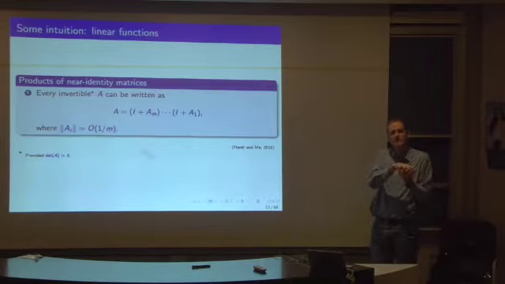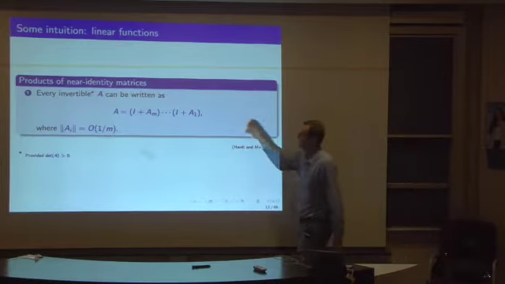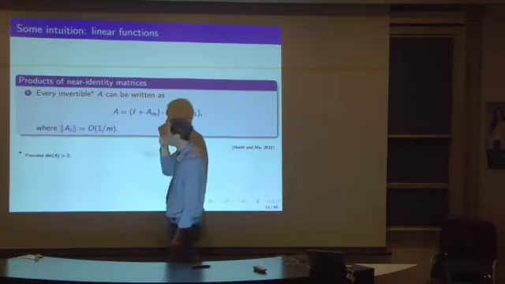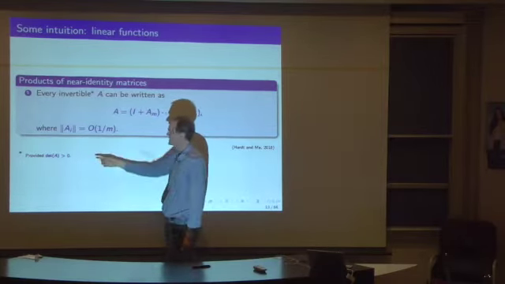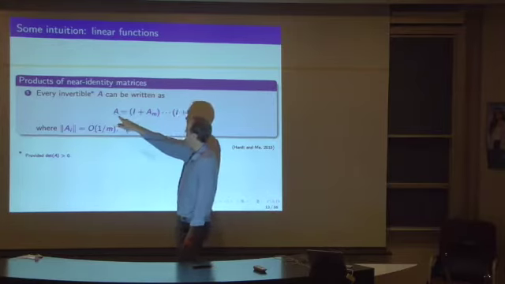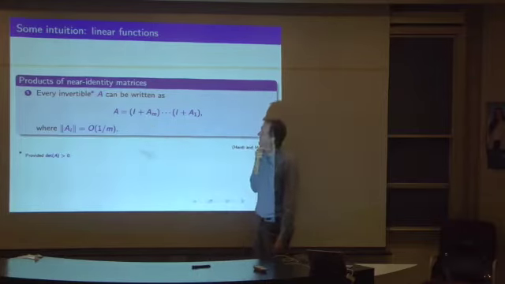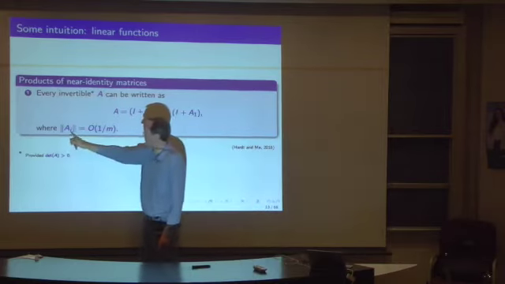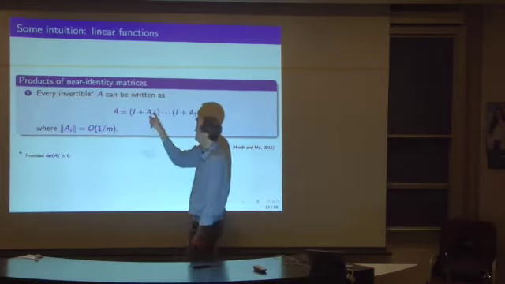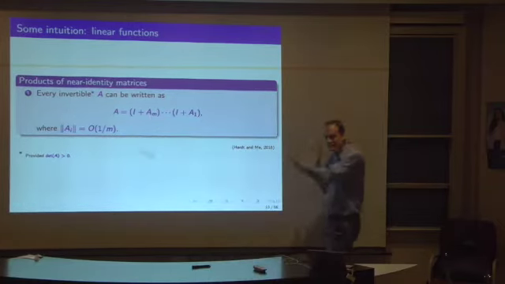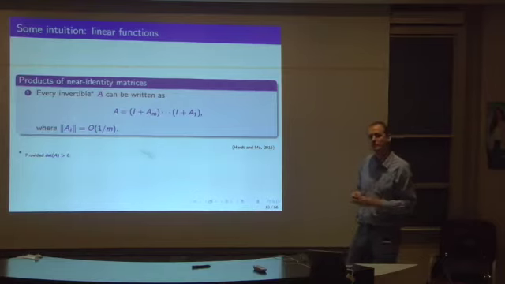Of course, we can represent each one of them with a matrix. And the first result that they had is that if you've got a matrix that's invertible and satisfies an orientation condition, the determinant is positive, then you can represent that linear map as a product of linear maps that are all close to the identity, in the sense that the spectral norm of each of these differences from the identity goes down like 1 over m, where m is the depth of the composition.